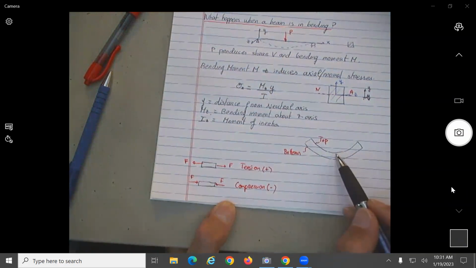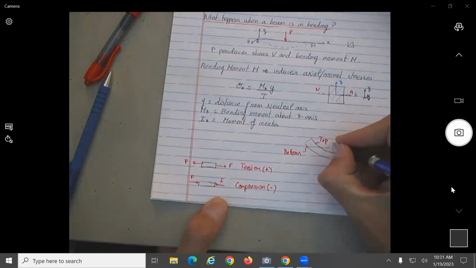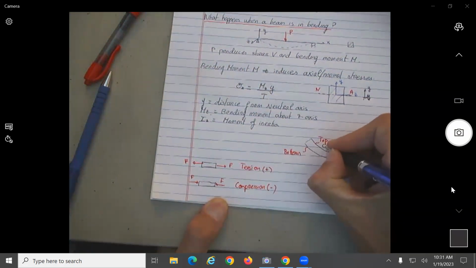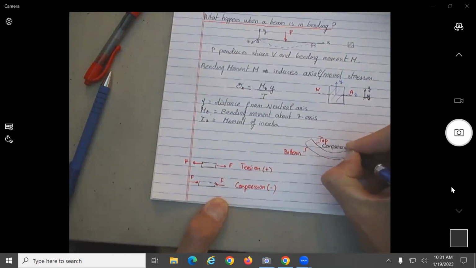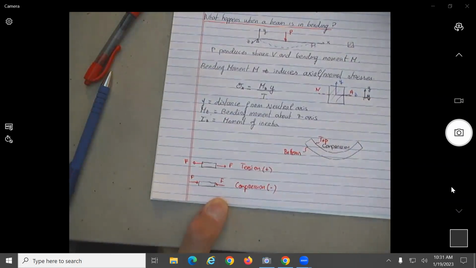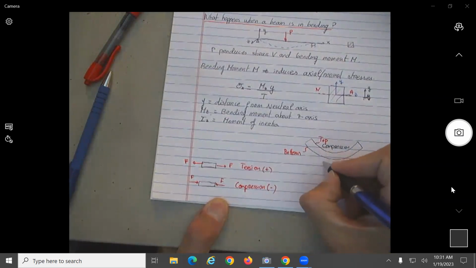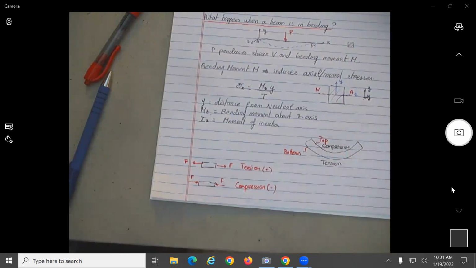Let's say at the top of the beam. This side will be in compression, and this side here will be in tension.